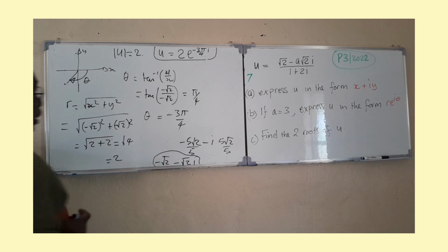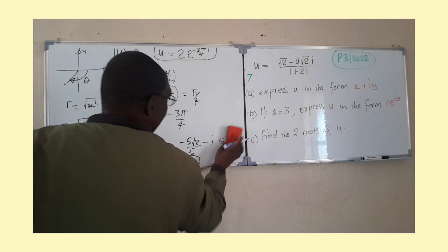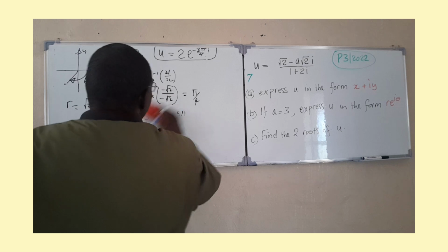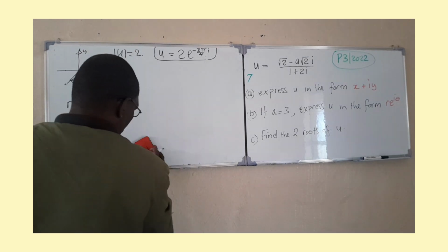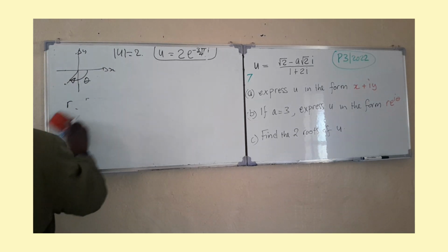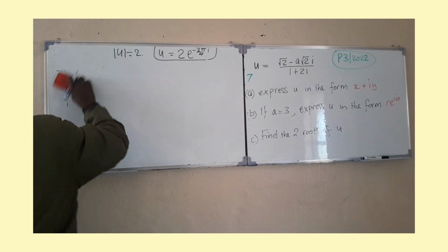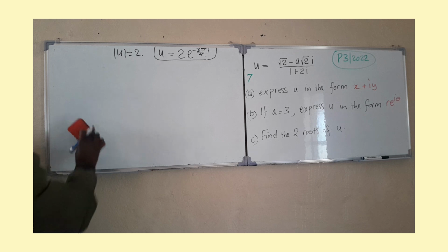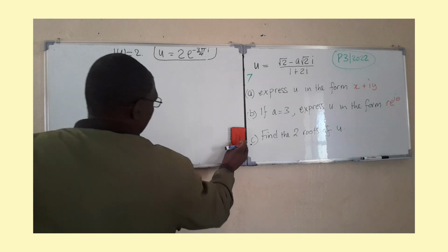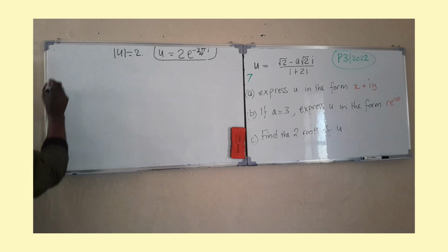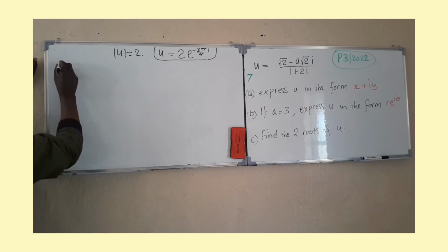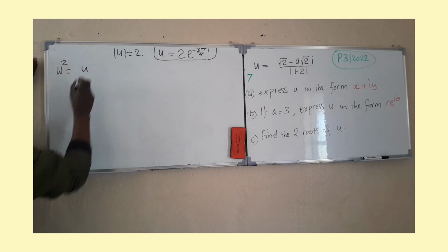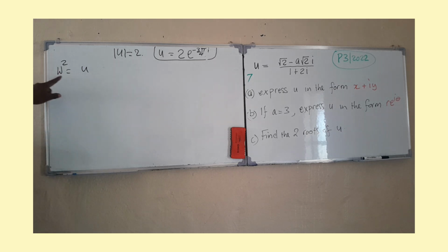Now the last part is a little bit tricky, but let's see how we can handle it. It says, find the 2 square roots of u. Now let us suppose that w squared is equal to u, which of course means that w is the square root of u.